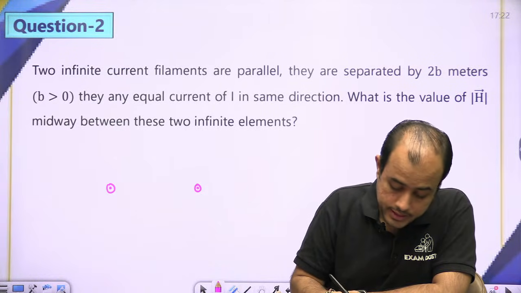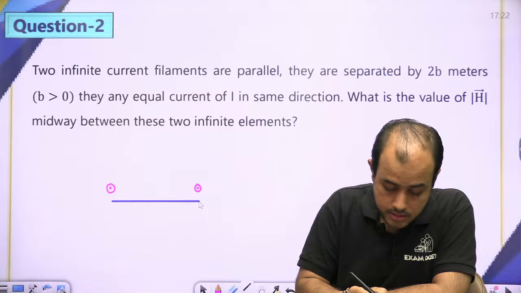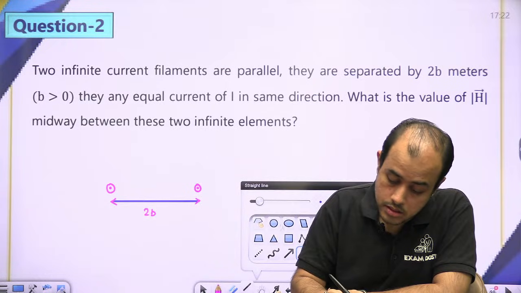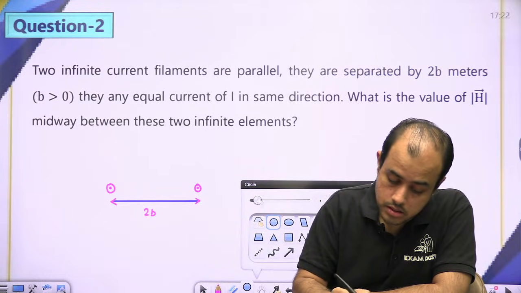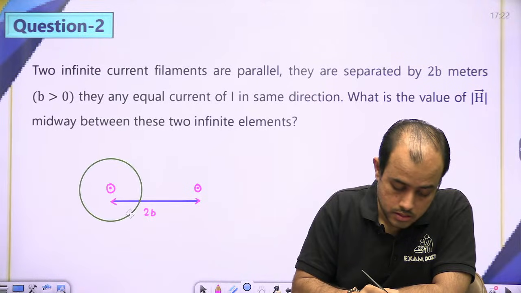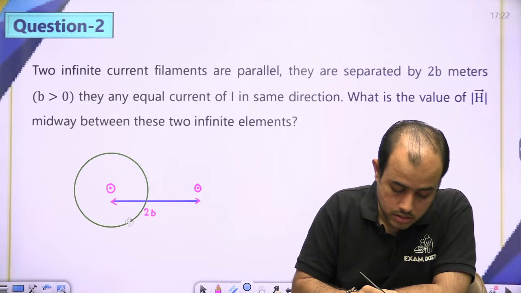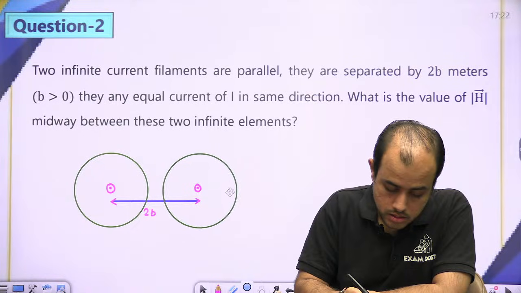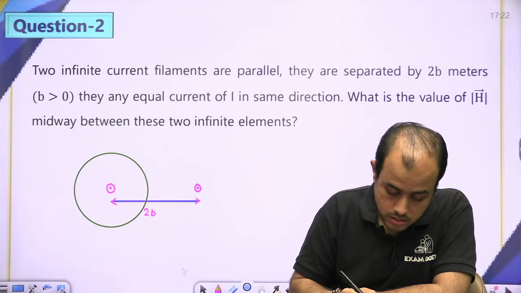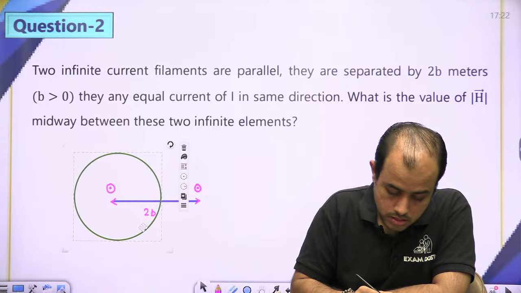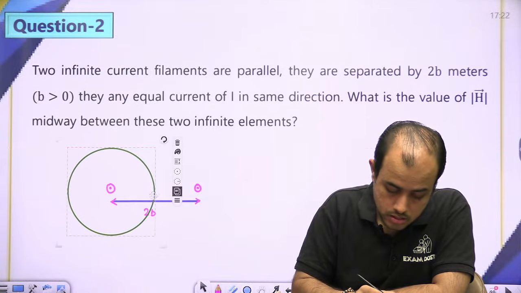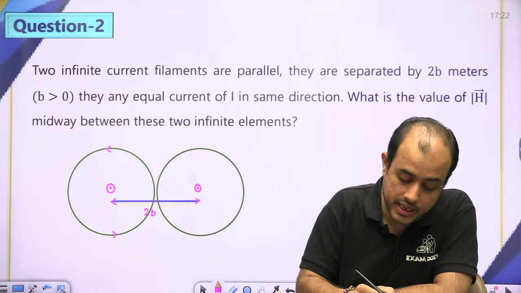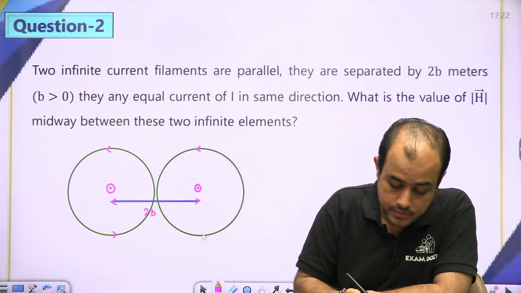Suppose this is I, this is I. Now, because of dot, the magnetic field will be anti-clockwise. ठीक है?